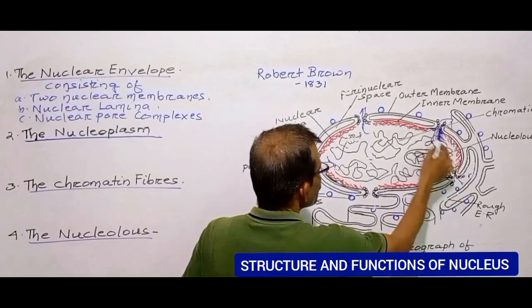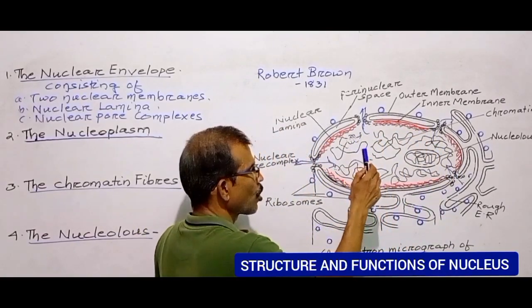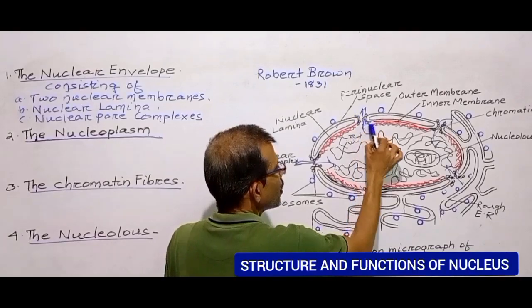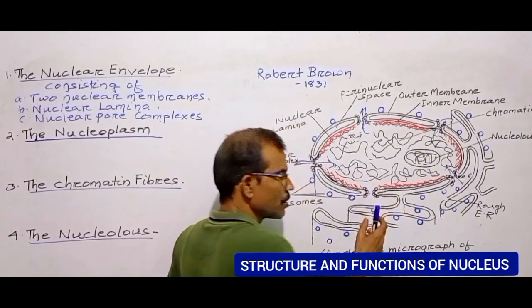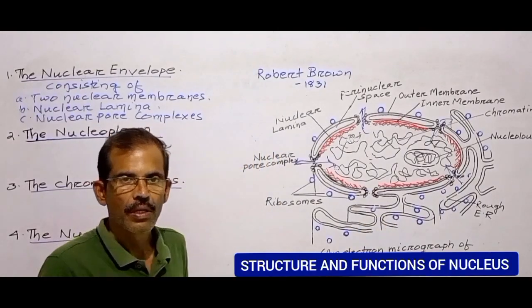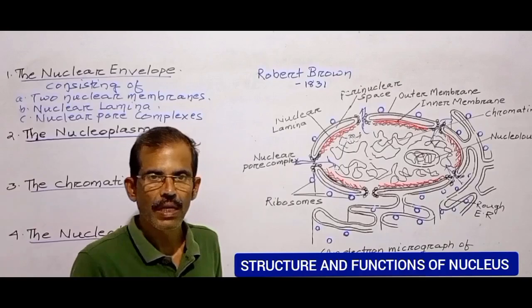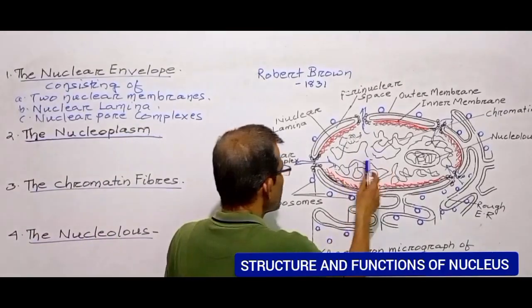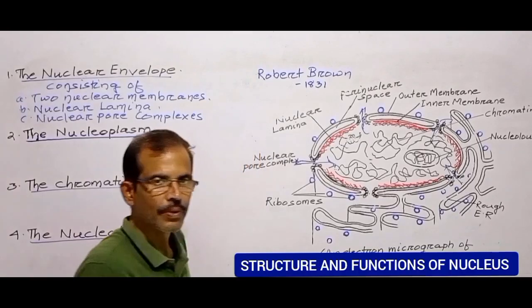The outer nuclear membrane and the inner nuclear membrane are joined at the nuclear pore complexes, which are the only channels through which regulated exchange of ions and molecules takes place between nucleus and cytoplasm.